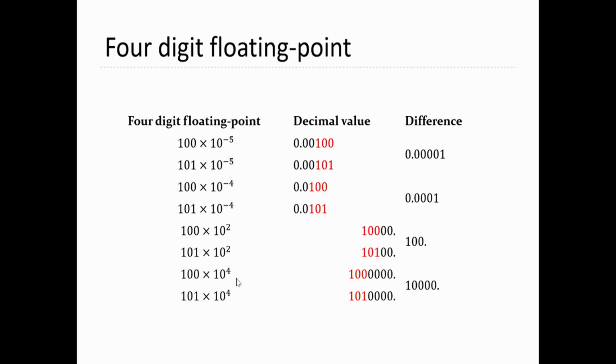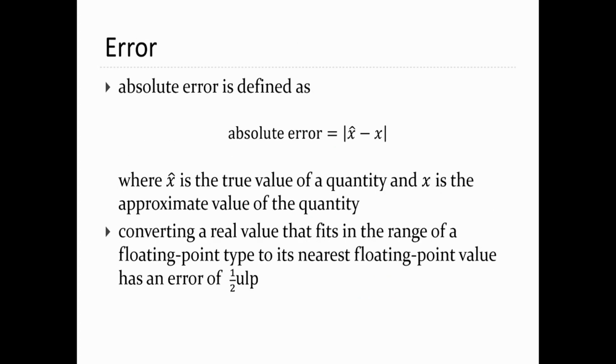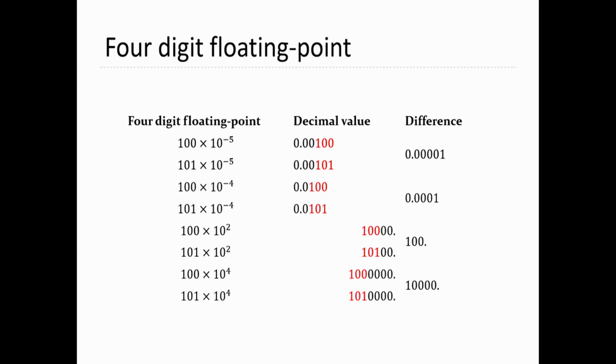And you can see it all the way at the end here when we have an exponent of 4: the difference between two adjacent floating point values is now 10,000. So we can't represent the number 1,000,001. The best we can do is write down the number 1,000,000.